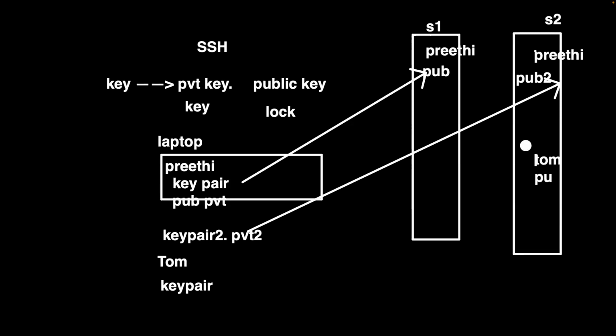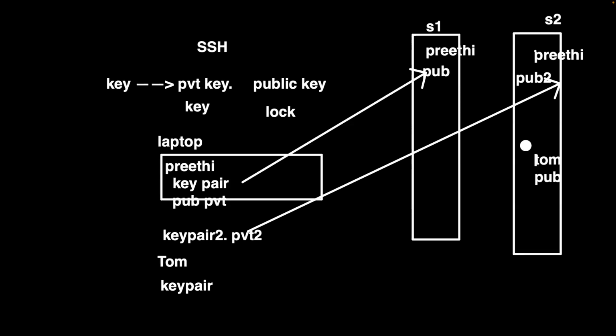Tom's public key should be present here. I mean, whichever key pair generated, that corresponding public key. Means just understand that every user have to use their own key pair. Okay, the same user should be present on both the machines. Okay, and if you are connecting from your laptop to that machine, means you have that private key of that machine with this particular user.